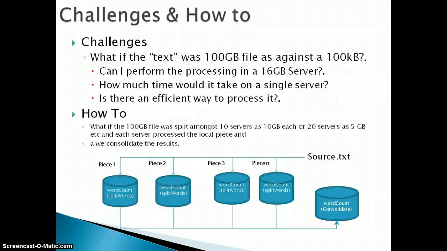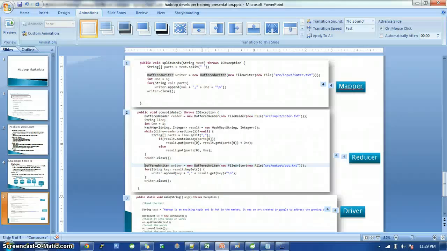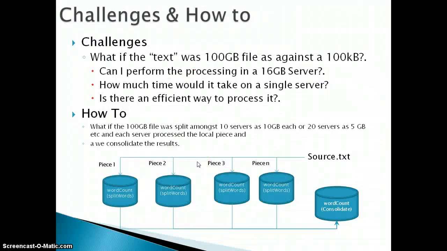The source file is split into multiple pieces and we run the split words method on the individual piece, which is like 5 GB or less based on the number of servers you're considering, and taking the output and running the consolidate on another server to achieve the final result.